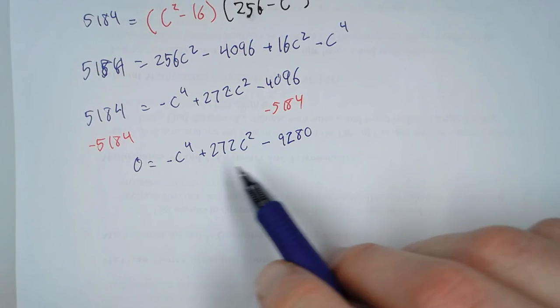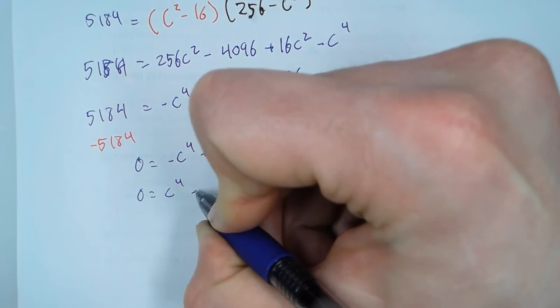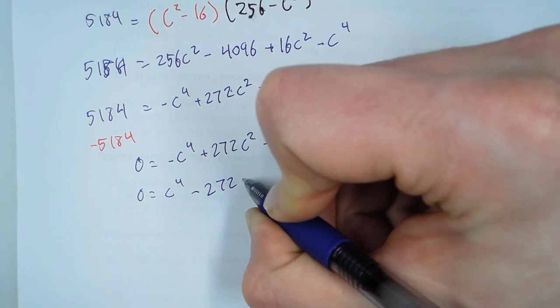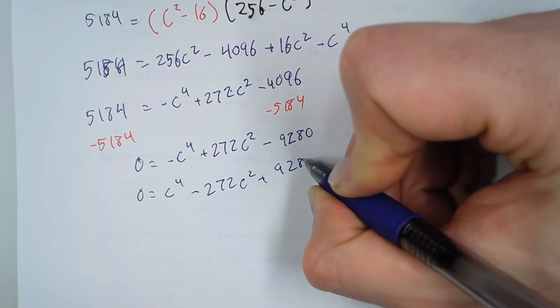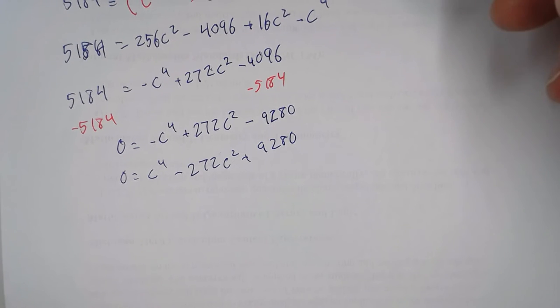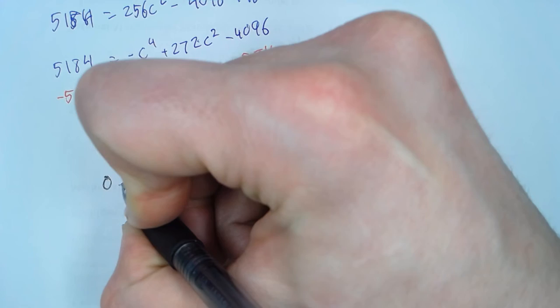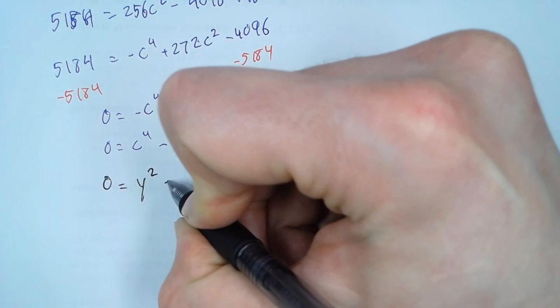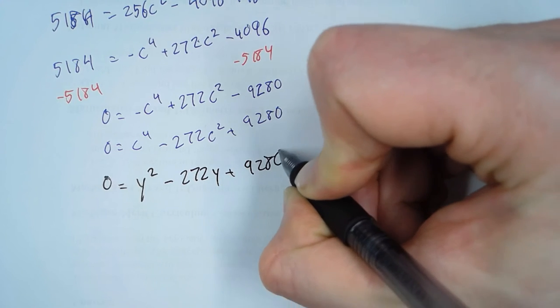And I'm going to switch the negatives to positives just to make this a little bit easier. c to the 4th minus 272c squared plus 9,280. Now this is a fourth degree, but it looks very much like a quadratic. So I'm going to first solve the underlying quadratic. So I'm going to replace it with y squared minus 272y plus 9,280.